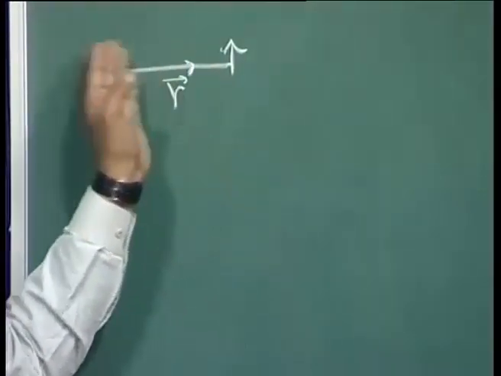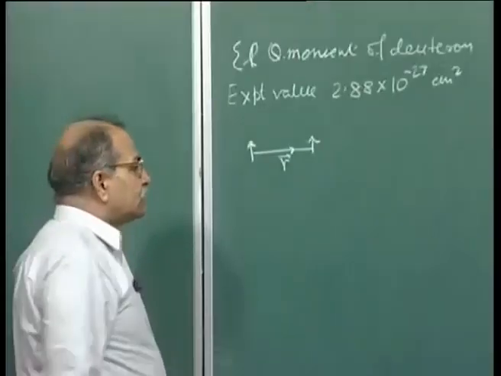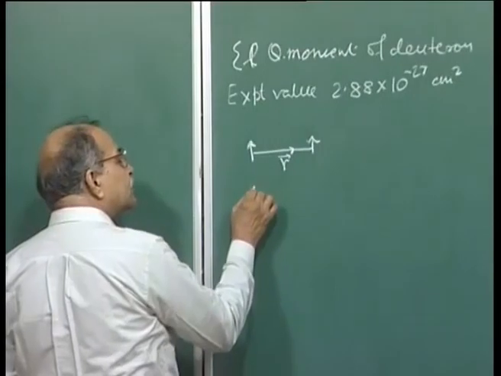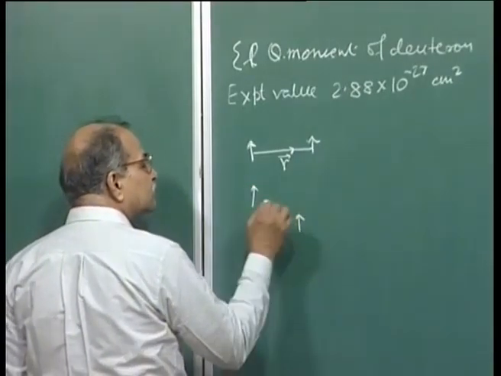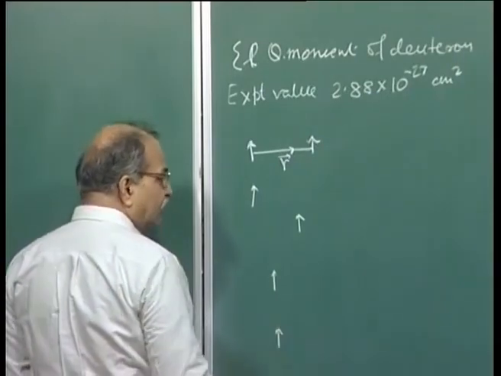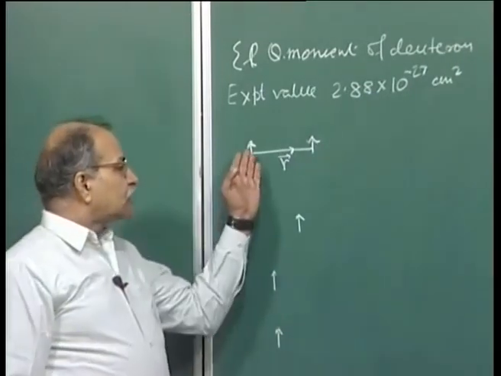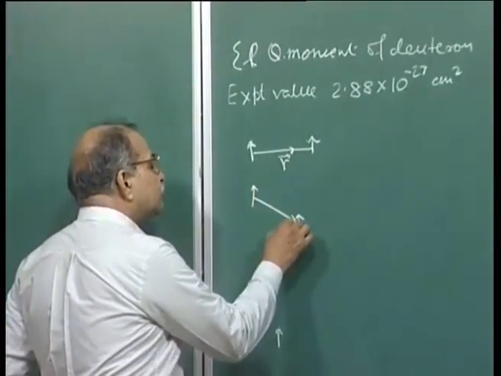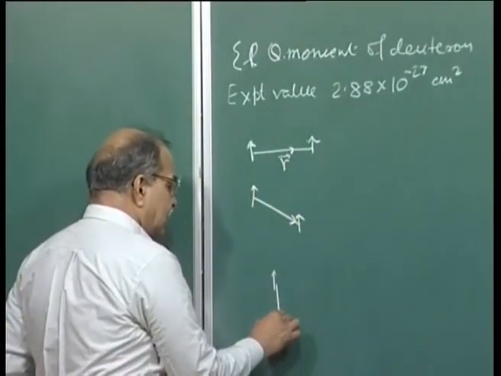So, there will be some corresponding potential energy you can write. Then the same dipoles you can arrange in other fashions like this or like this. So, the force between these dipole pairs are different.